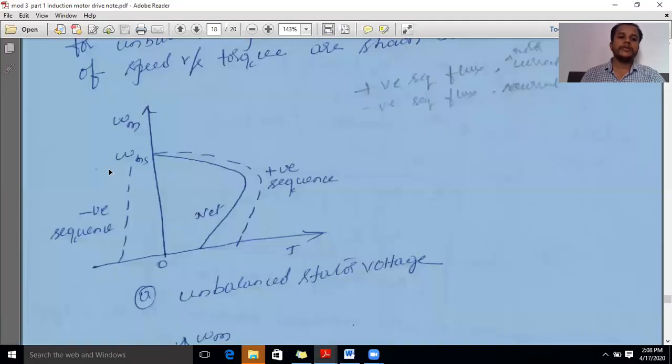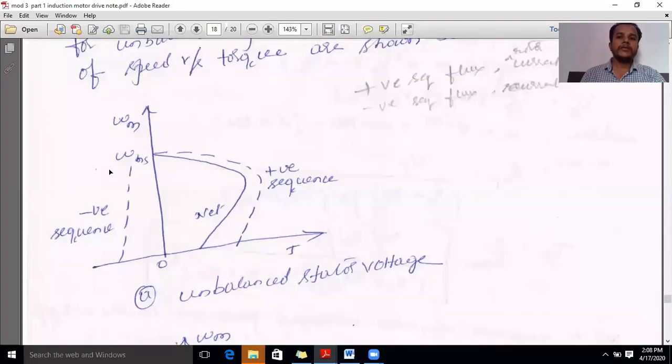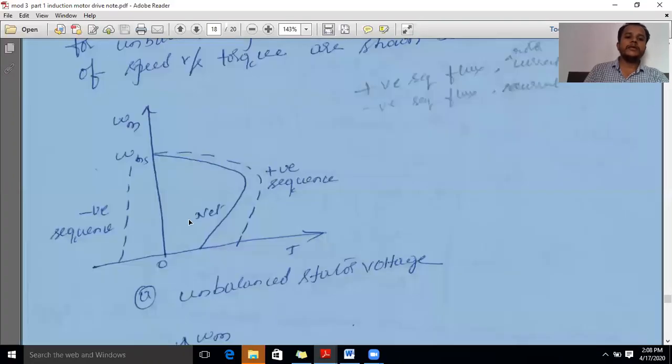Our total resultant T is reducing, and it is less than the total torque we had previously. So this is the net torque, and the net torque is reducing here.